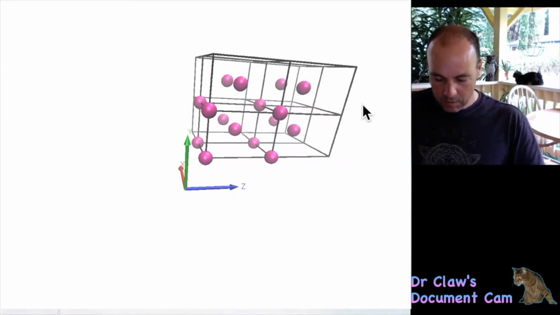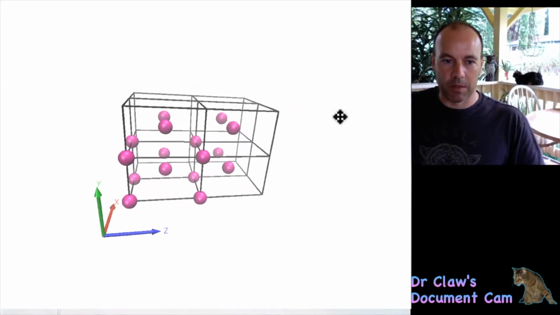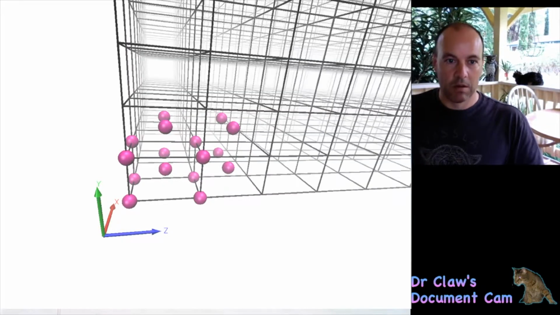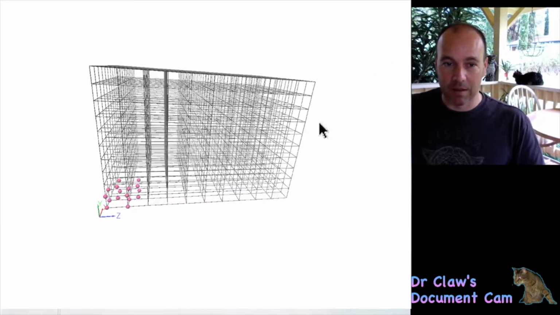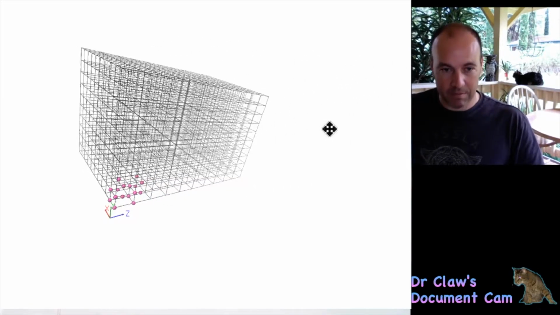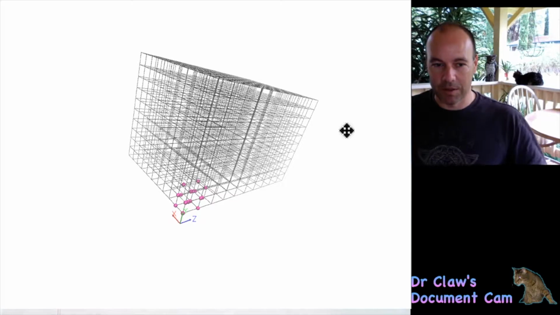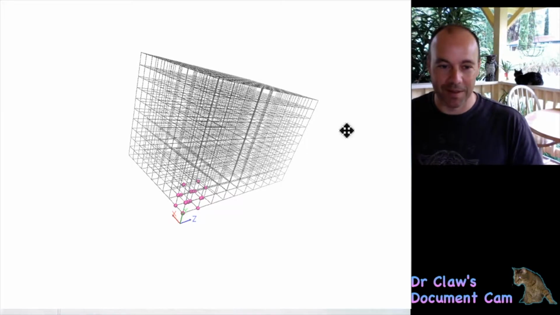And how about a bunch of them? So let's do 10 by 10 by 10. Okay, so quite a large lattice, and this is tiny in an actual crystal. You've got trillions and trillions and trillions of unit cells.